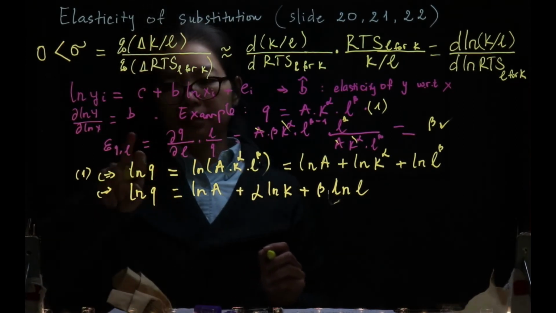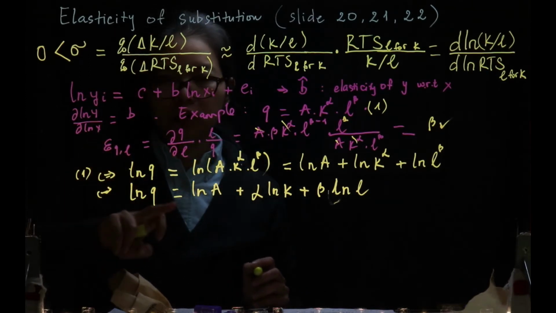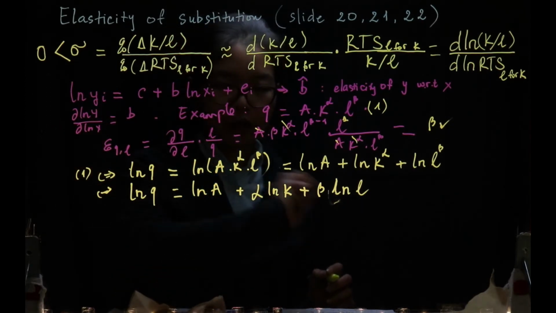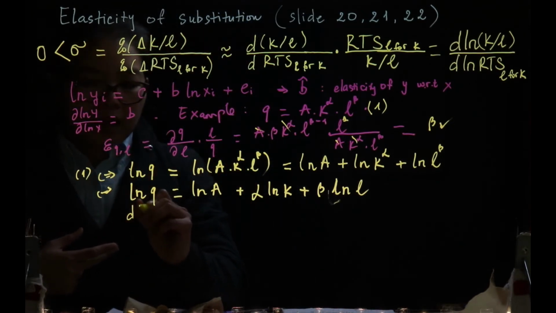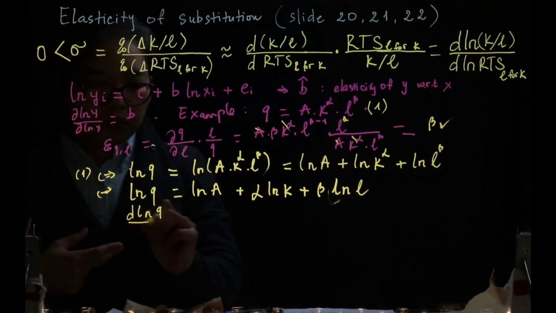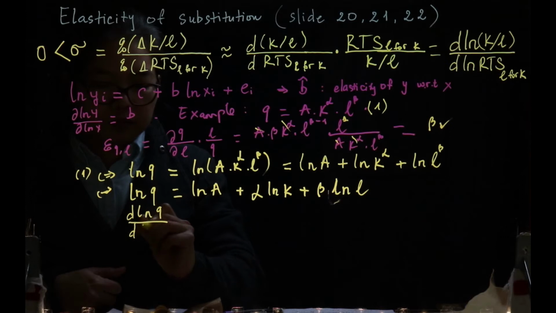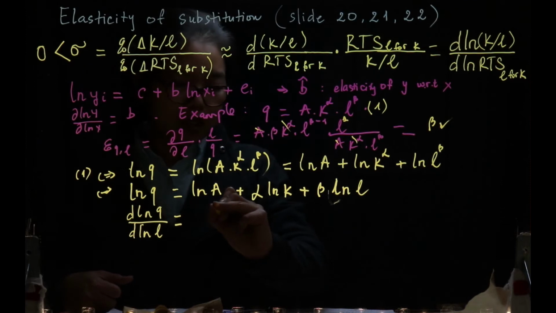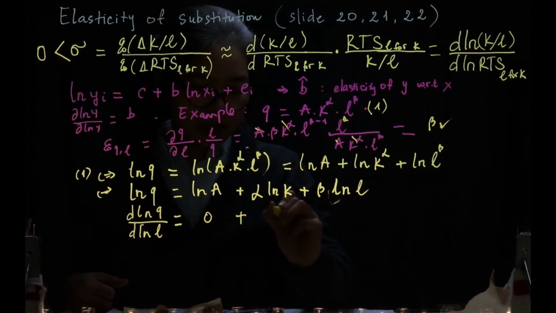Again, if you applied this, treating ln Q and ln K and ln L as variables, you could take the derivative of both sides with respect to ln L. So here there's no ln L inside, it's a constant, so it's 0, plus similarly here 0.